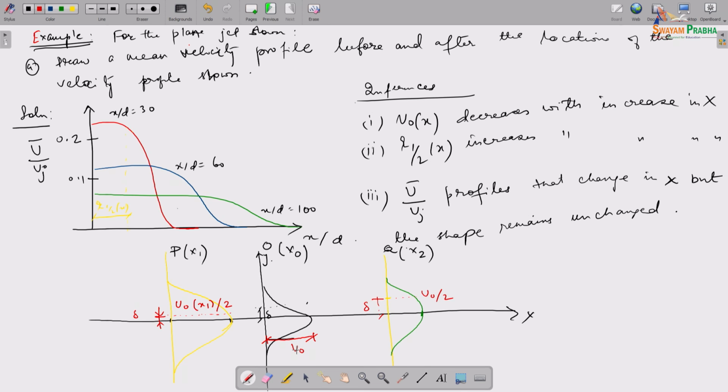Right, this is u naught at x naught. Okay, so similarly, u naught x1.